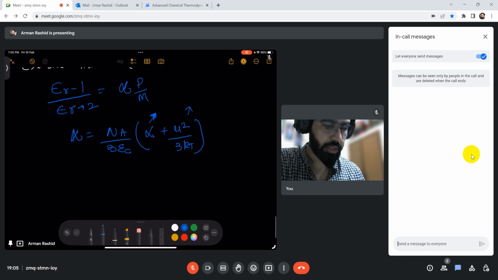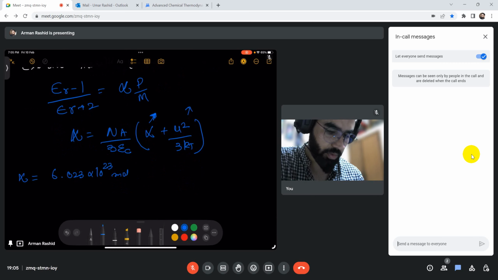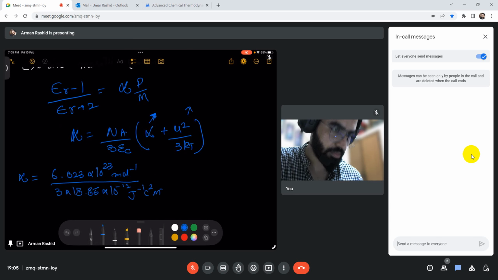So from this equation we can determine alpha as 6.023 × 10^23 per mole divided by 3 multiplied by 8.85 × 10^-12 per joule coulomb square per meter.